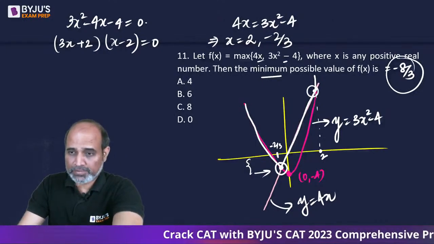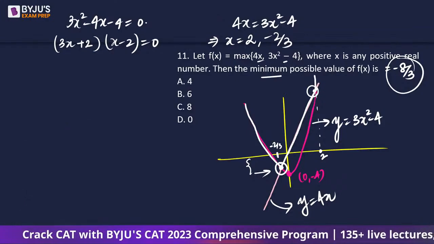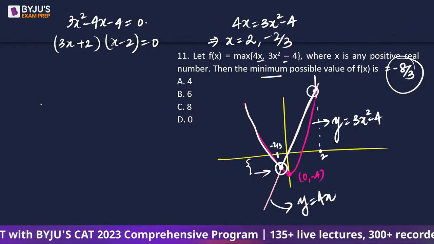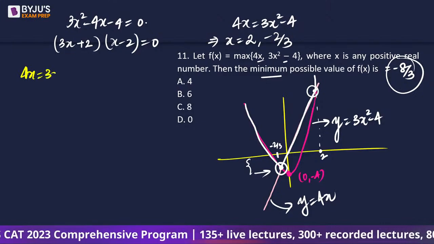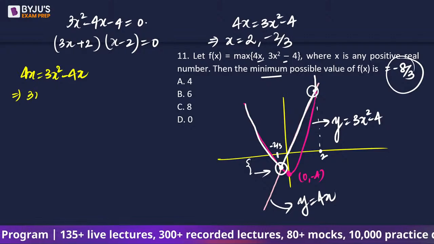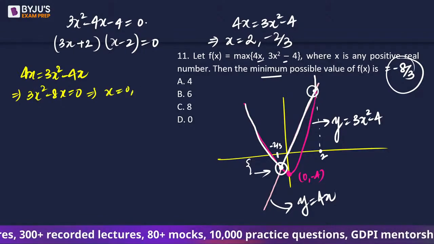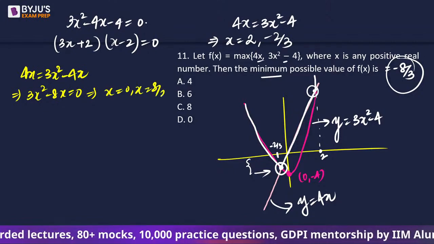Let me check once. Okay, suppose we have 4x is equal to 3x square minus 4x, or this results in 3x square minus 8x is equal to 0. This results in x is equal to 0 or x is equal to 8 by 3.